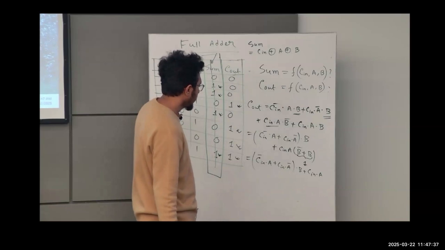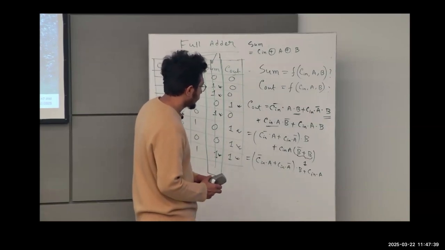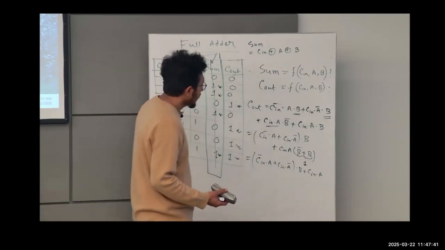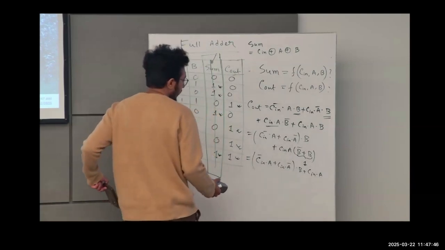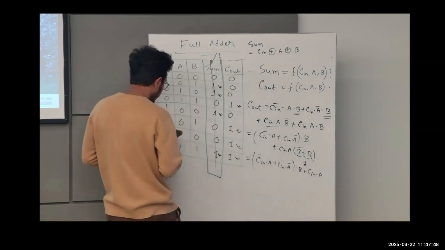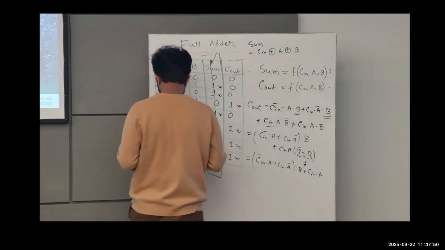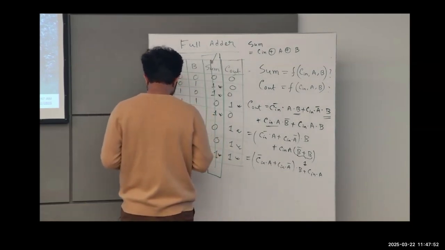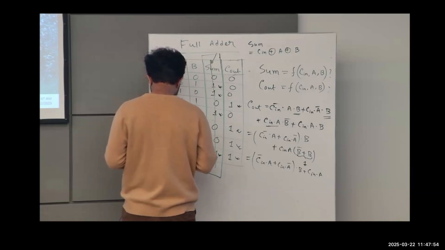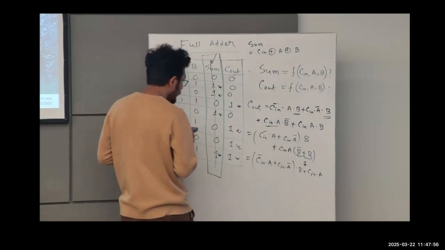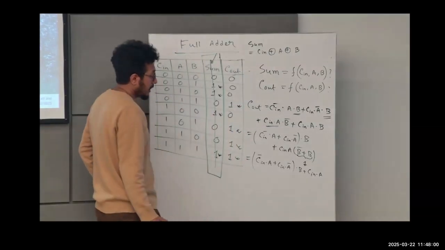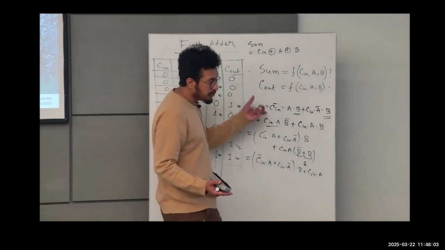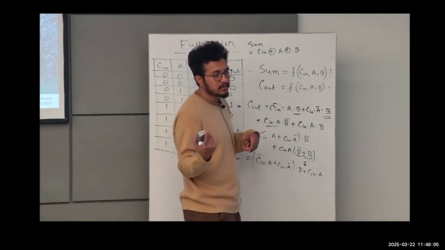Now, this is a simplified expression, but we can actually simplify it in a different way. I will not go through the overall process now. I will give you the overall Boolean simplification in the classroom.